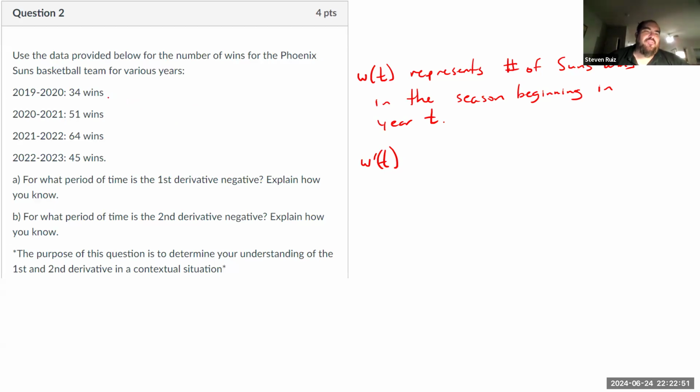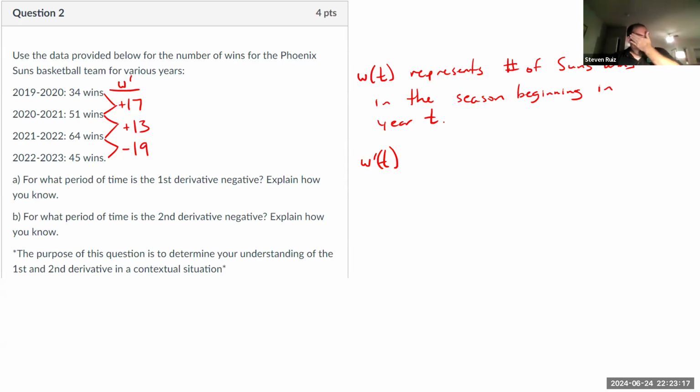Between these first 2 seasons, what's the change? I think it's an increase: we won 17 more games. Between these 2 seasons, an increase of 13. And between these 2 seasons, that is unfortunately a decrease of 19 wins.